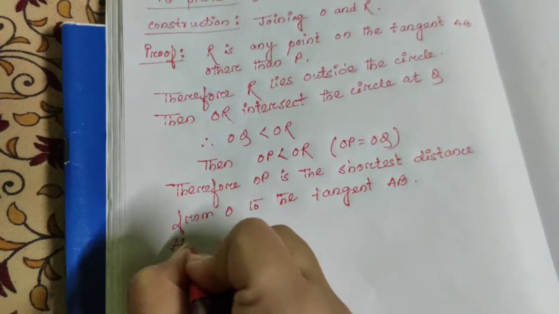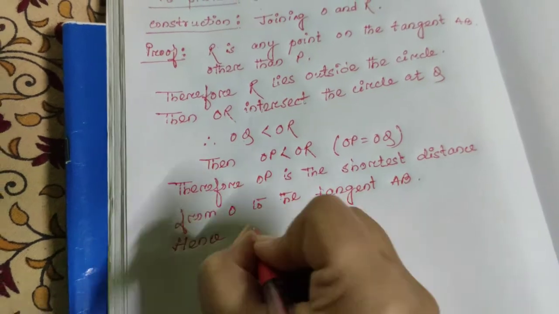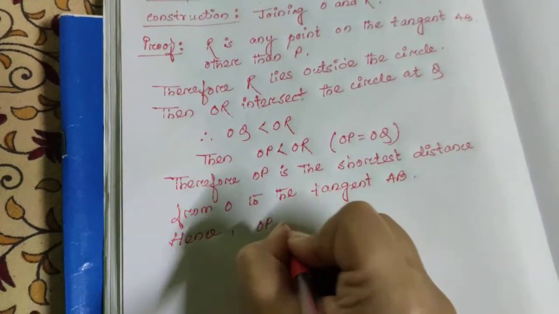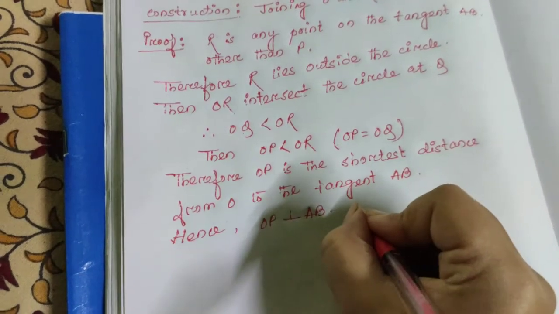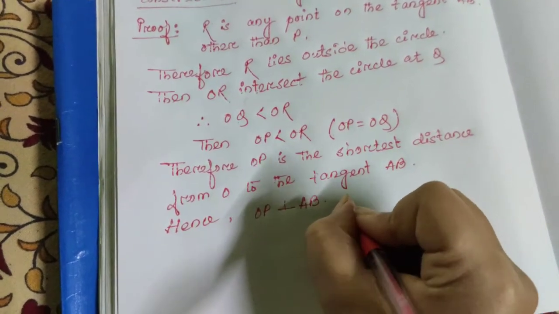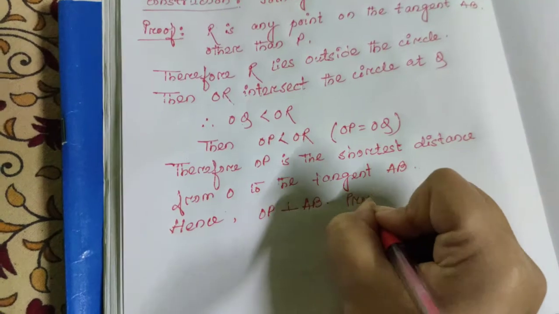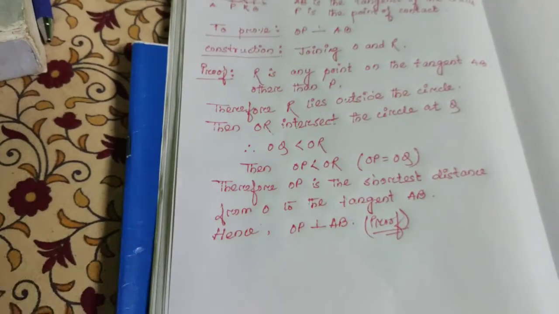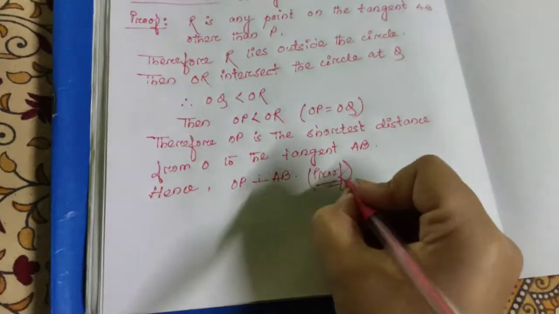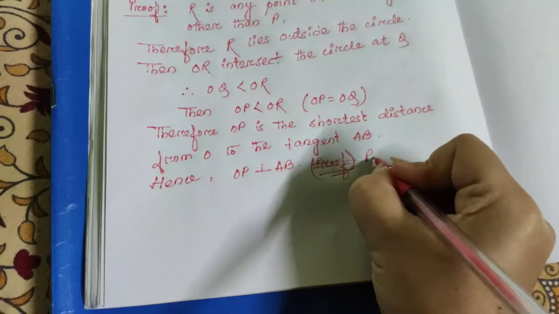Hence, as OP is the shortest distance, OP is perpendicular to AB, as we know that perpendicular distance is the shortest distance from any point to a straight line. Hence, this is proved.